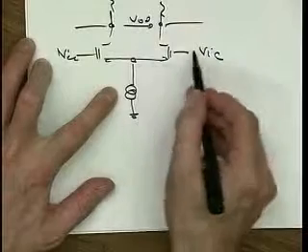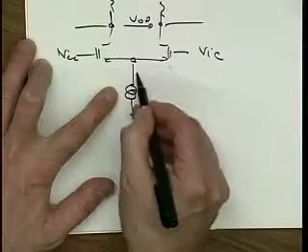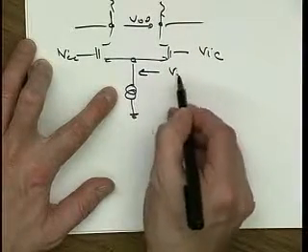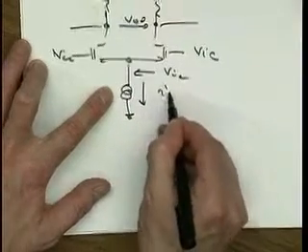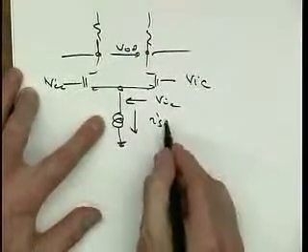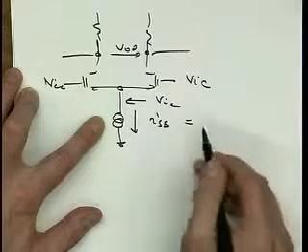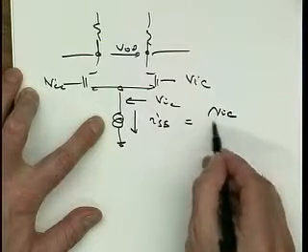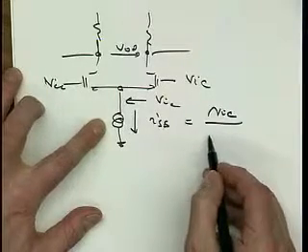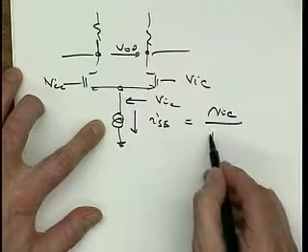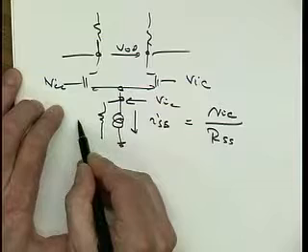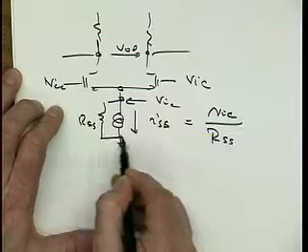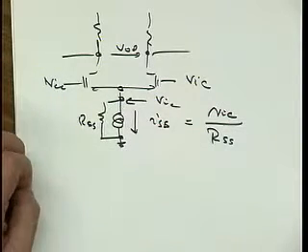Okay, so this VIC to first order is simply appearing also here, and that produces then an ISS. And that ISS is equal to VIC over RSS, where RSS is the output resistance of this current source.